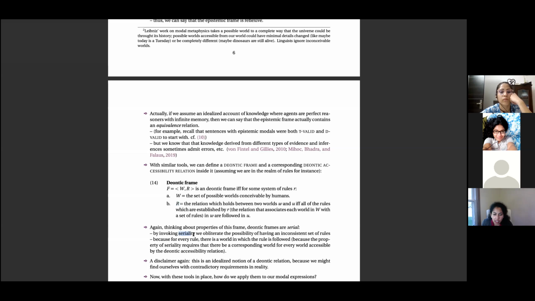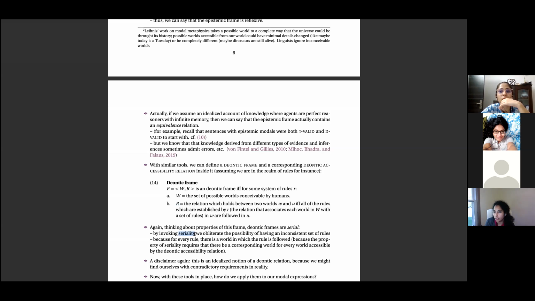And I wanted to bring back the notion of seriality. Why is seriality often used in deontic logic? There is this notion of a consistent versus inconsistent set of rules. A consistent set of rules is things that are not contradictory.